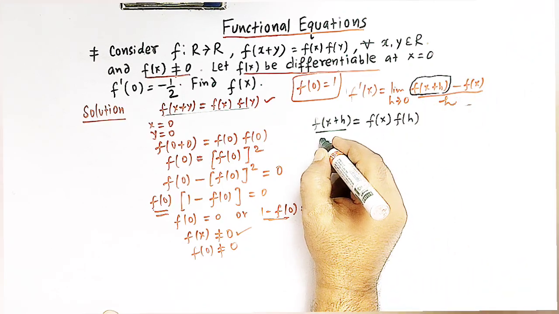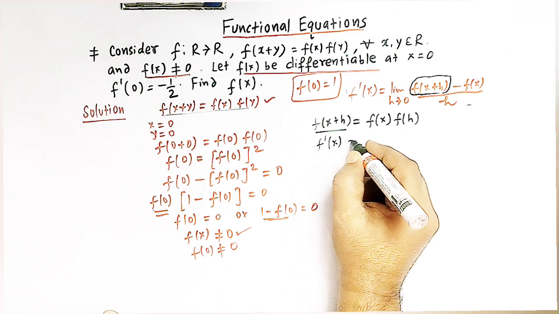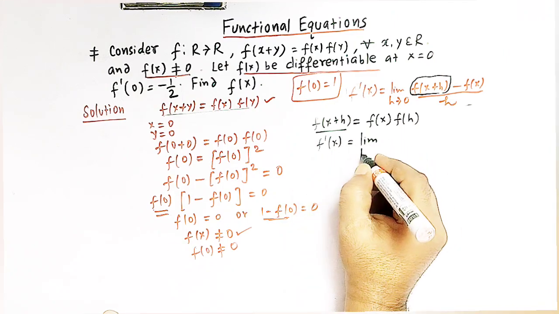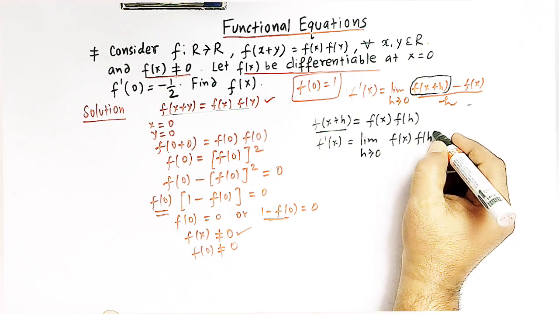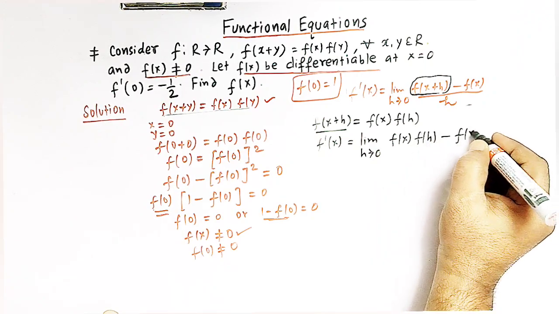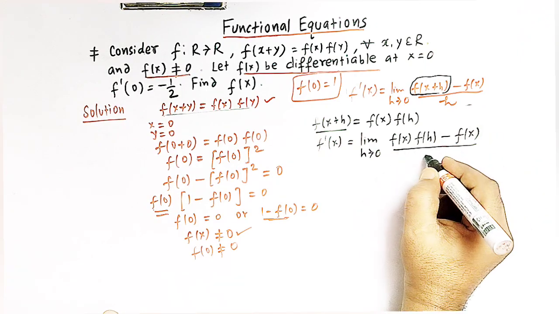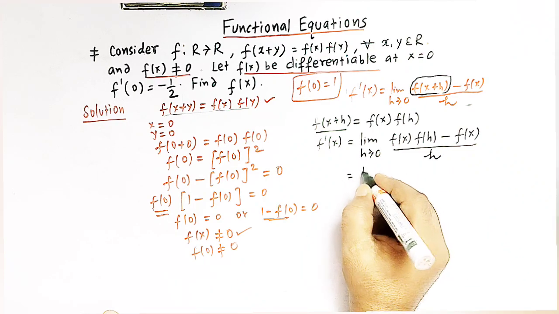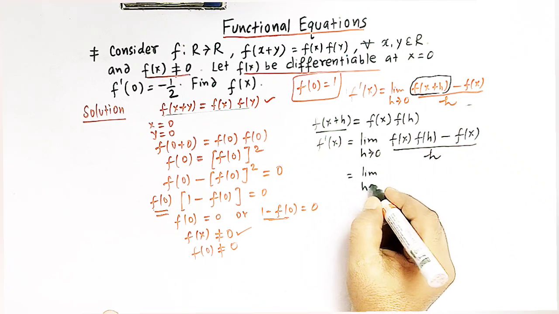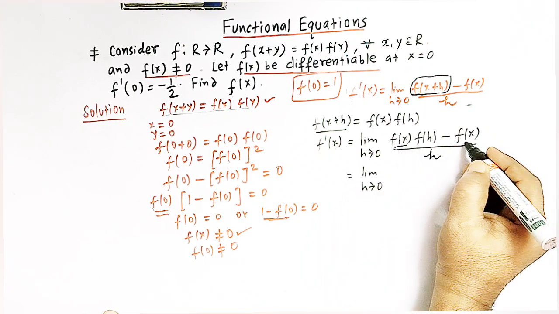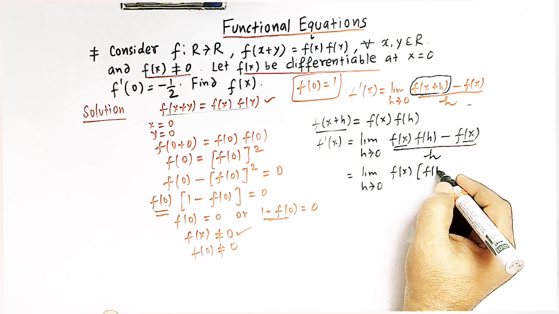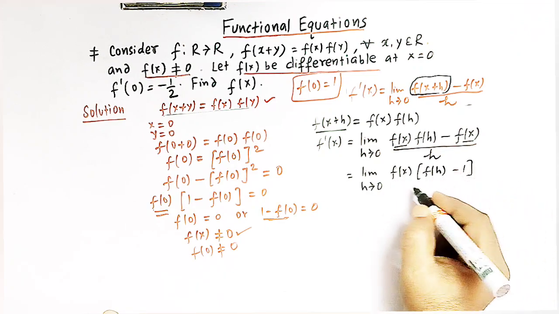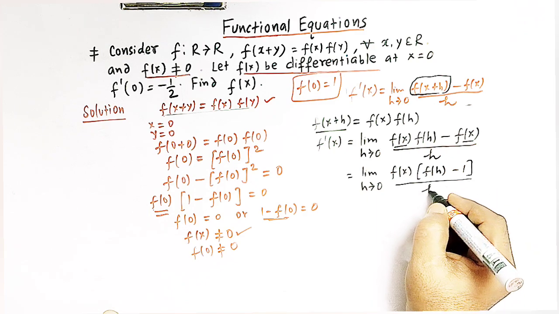So the derivative becomes the limit as h tends to 0 of f of x times f of h minus f of x, divided by h. In the numerator we can take f of x common, so we have f of x times f of h minus 1, divided by h.